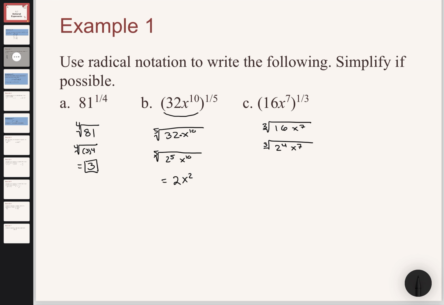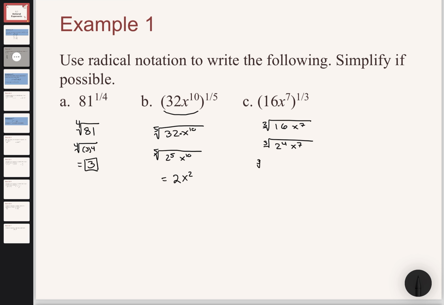Well, okay, 2 to the 4th, I can't do much with that, but 2 to the 3rd, I could do something with that. So I'm going to split this up and rewrite this as the cube root of 2 to the 3rd, and then I want x to the power of some multiple of 3. My highest multiple of 3 that's less than 7 is 6. So cube root of 2 to the 3rd times x to the 6th, times, what am I left over with? Cube root of 2x.